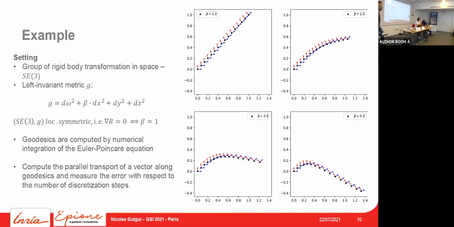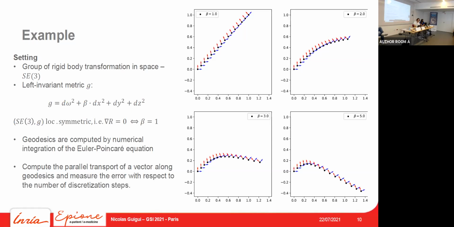Questions? Maybe I have one. In the previous talk by Elodie, there was a balance between the accuracy of the method with the equations compared to the pole ladder, with the fact that the integration of the equation requires more computations.